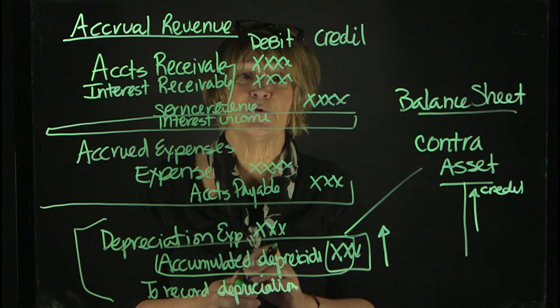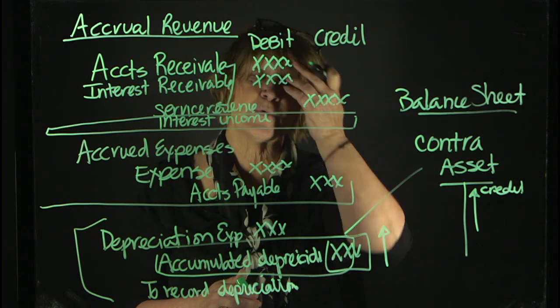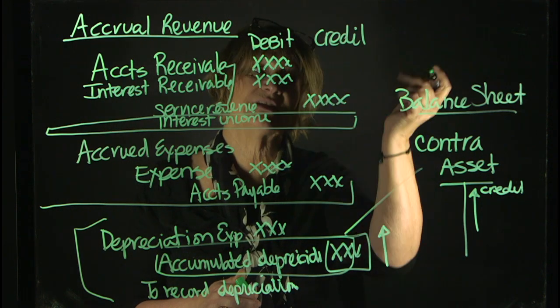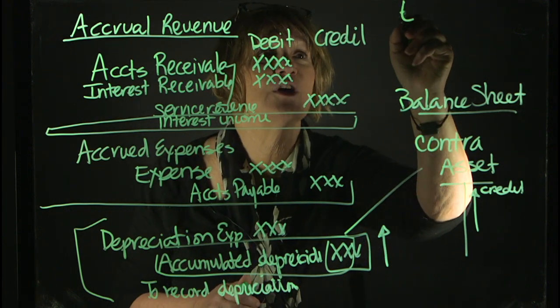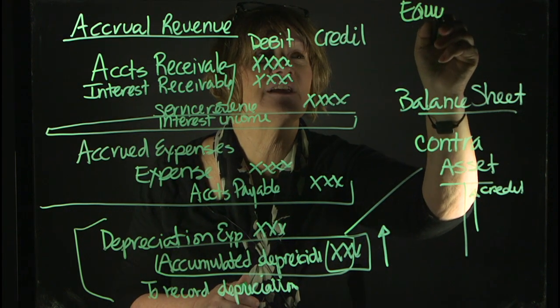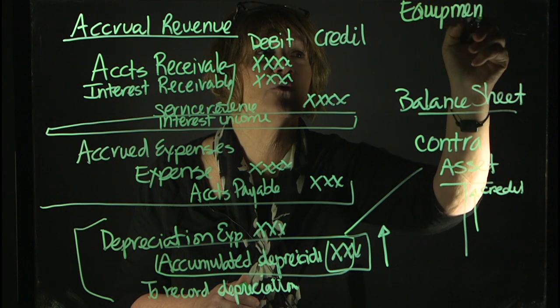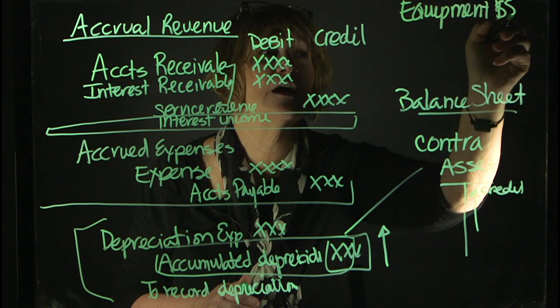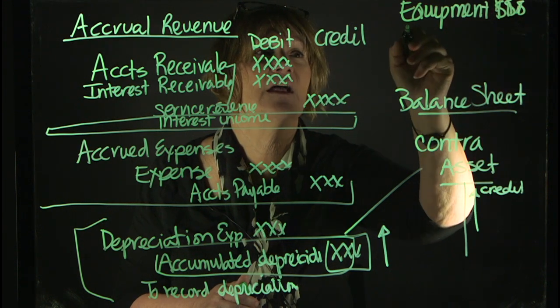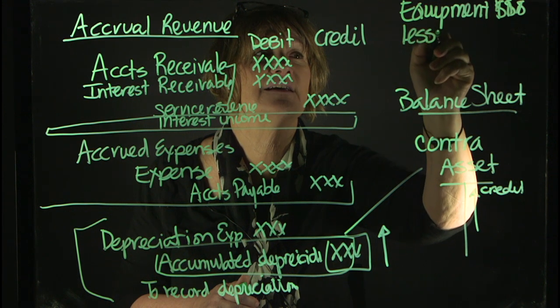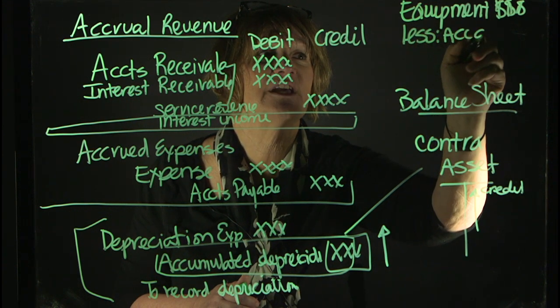And that's because it's a credit entry to increase it. So when I show it on my balance sheet, I'm going to show my equipment, whatever that dollar amount is, less the accumulated depreciation account.